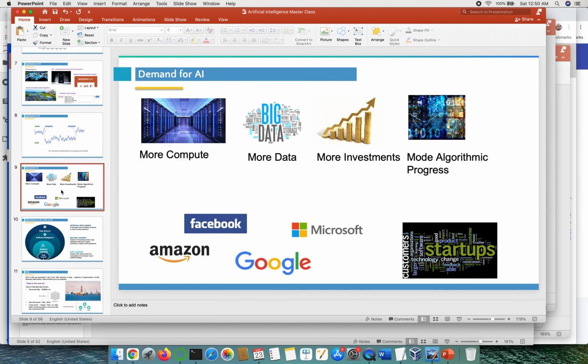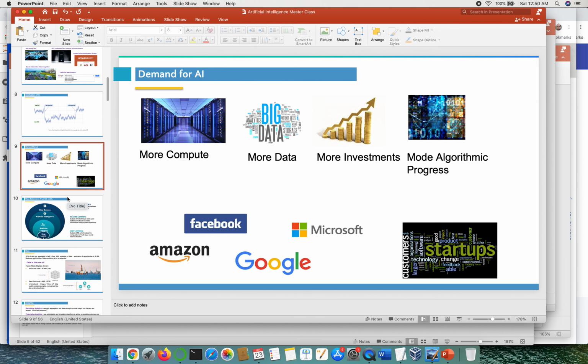And why is this becoming so popular today, why not 10 years ago, or why not 5 years from now? Why is it so popular today that a lot of people and a lot of companies are talking about AI? Because there is an explosion in data now. A lot of data is available. A lot of compute is available.